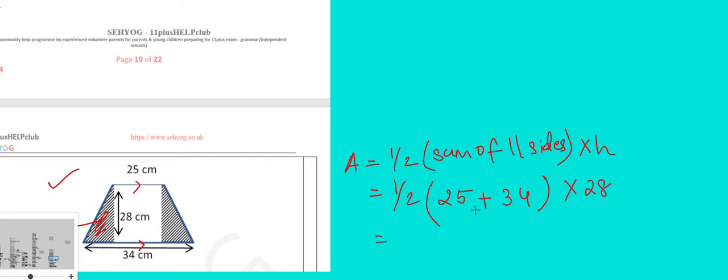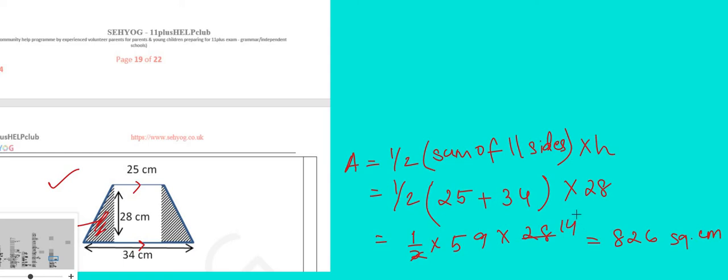Now we solve it, so 25 plus 34, we get 59, and half, multiply 28. Now we cancel this, we get a 14. Now after multiplying 59 with 14, we will get it as 826 square centimeters.